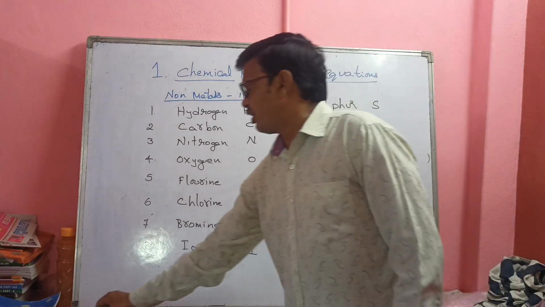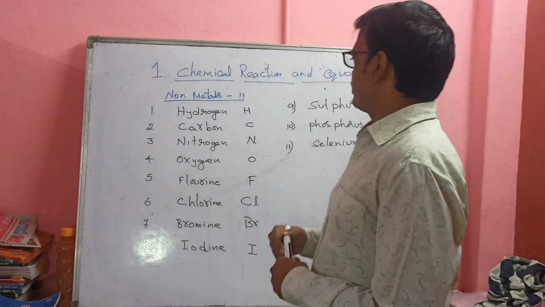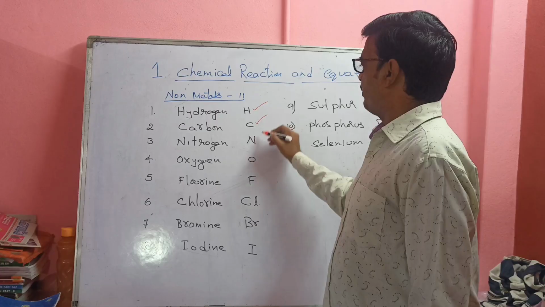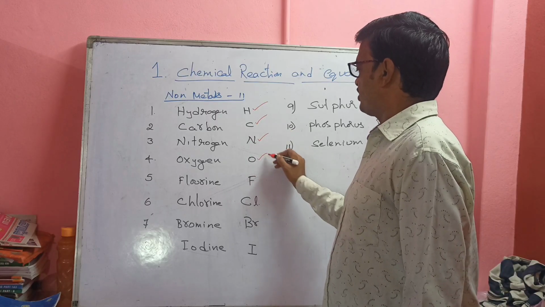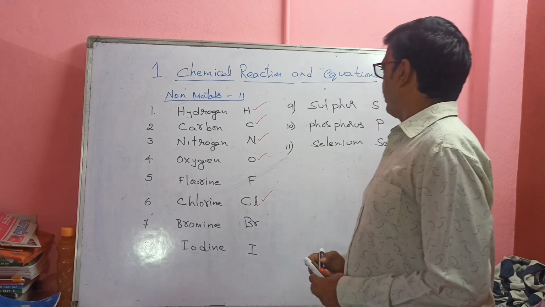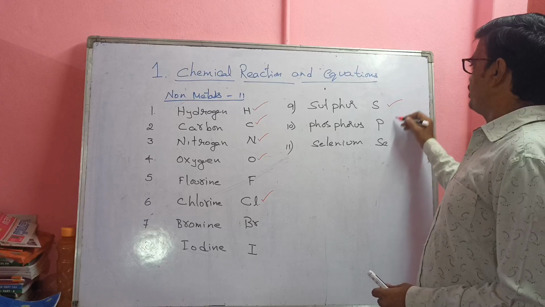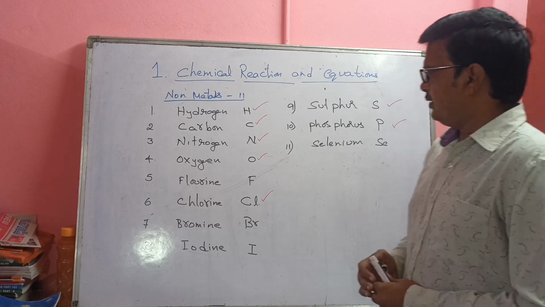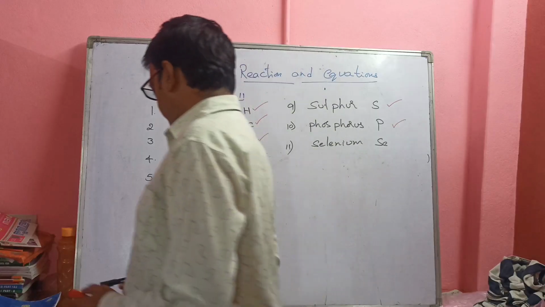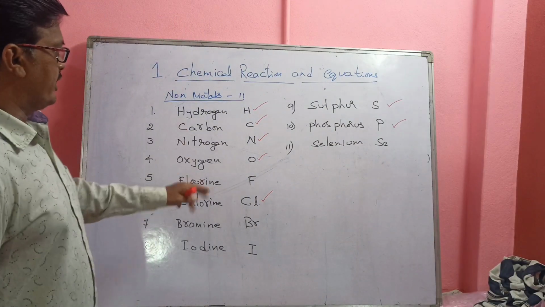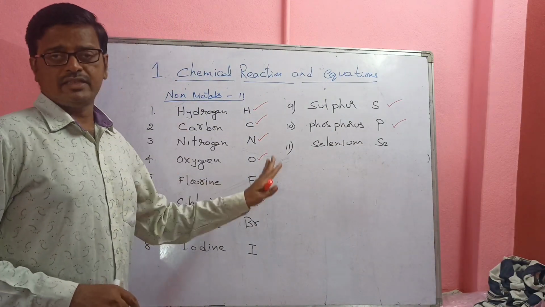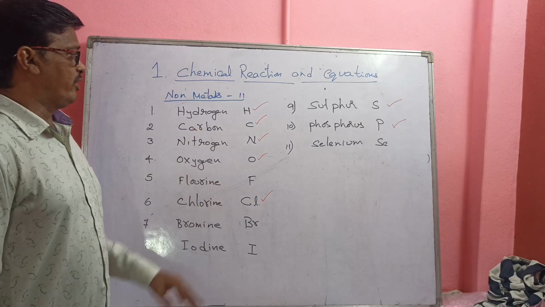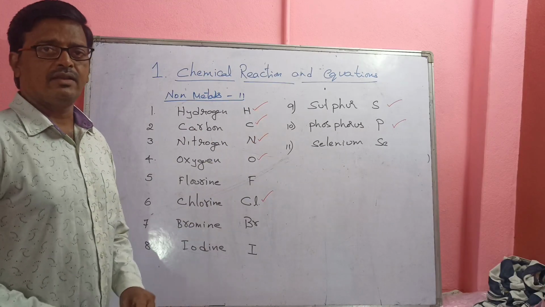In these 11 non-metals, regularly we will talk about hydrogen, carbon, nitrogen, oxygen, chlorine, and also sulfur and phosphorus. If you don't understand, pause the video and make a note of this.